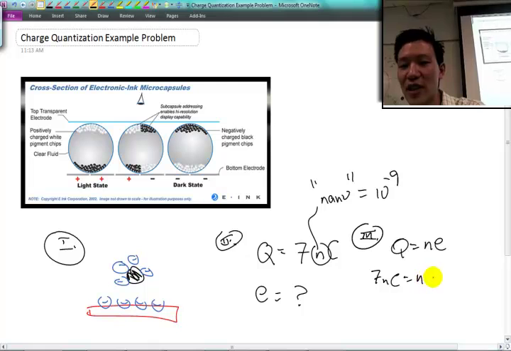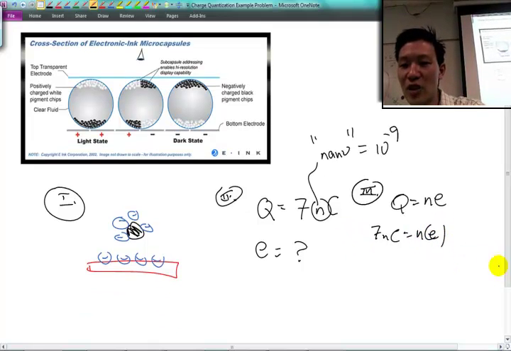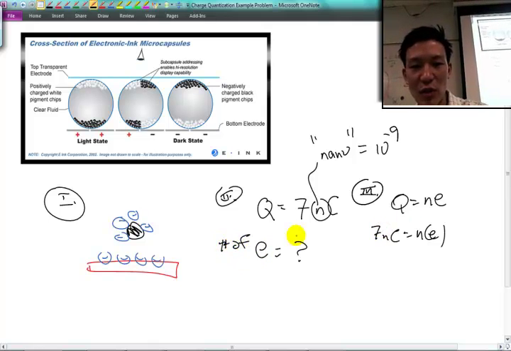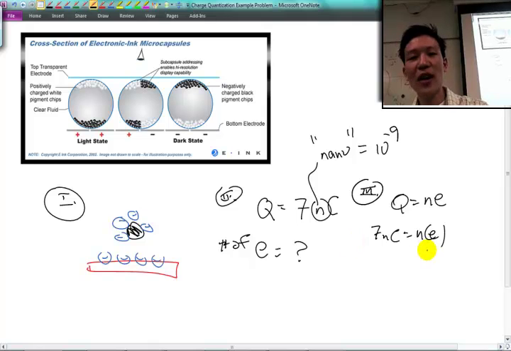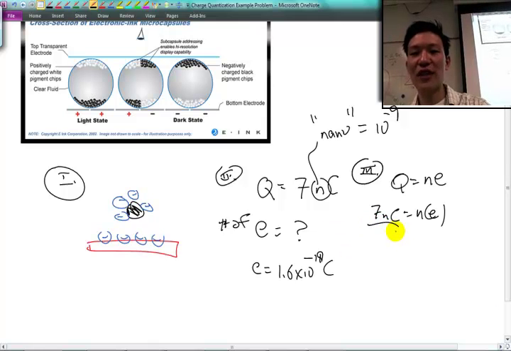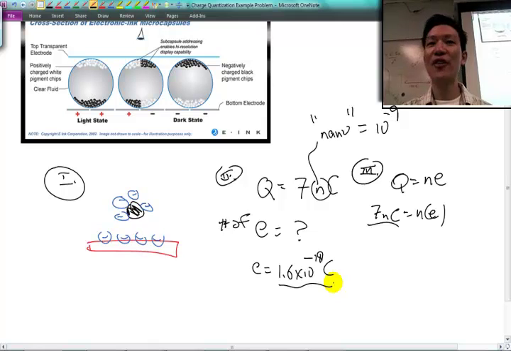Actually, this should be number of electrons is what we're looking for. So the charge of a single electron, 1 electron is 1.6 times 10 to the negative 19th coulombs. So this looks all mathy, but it's like we want 7 dozen donuts, but 1 donut has this kind of charge. Think of it that way.